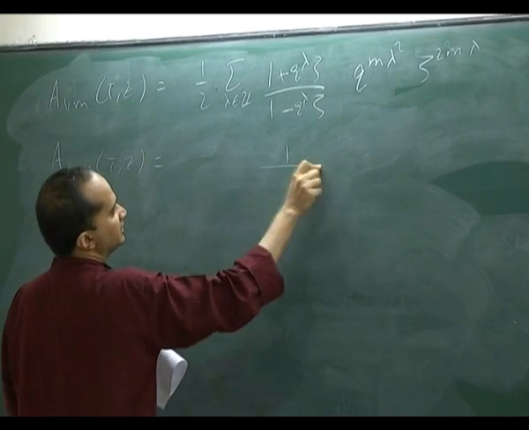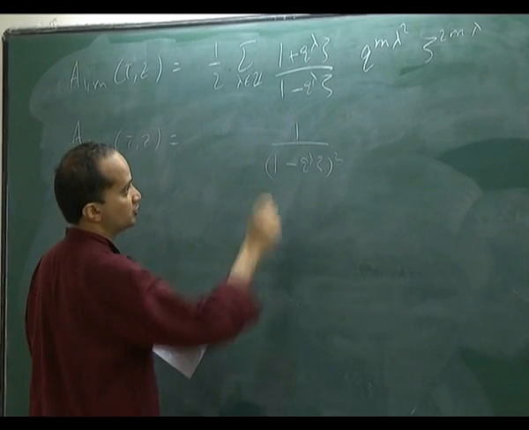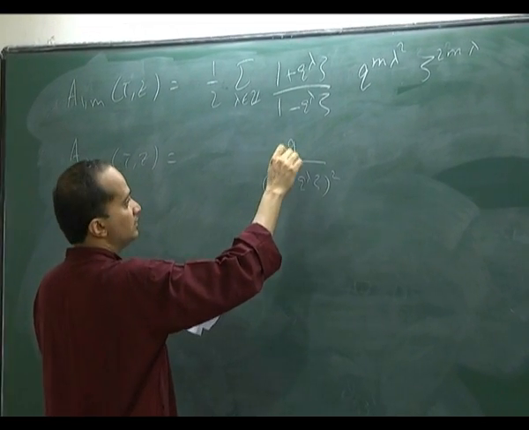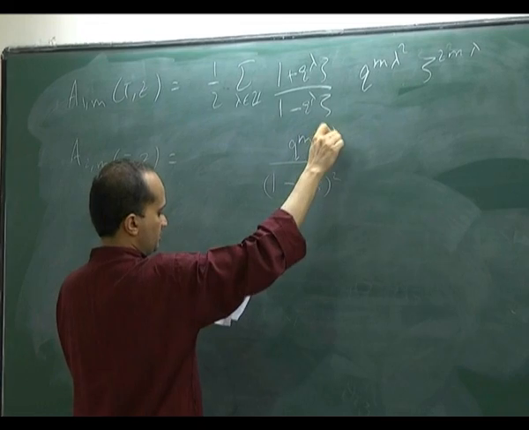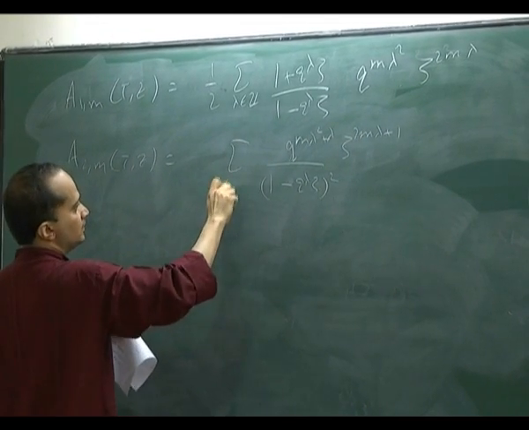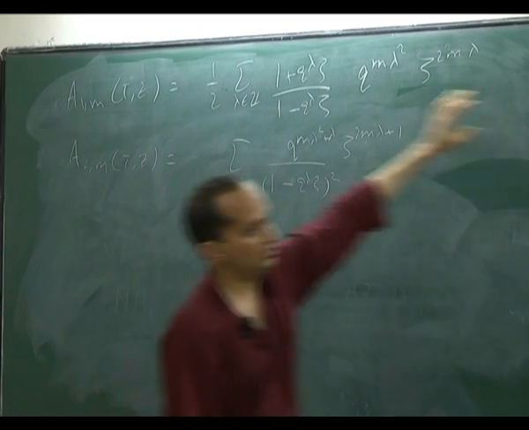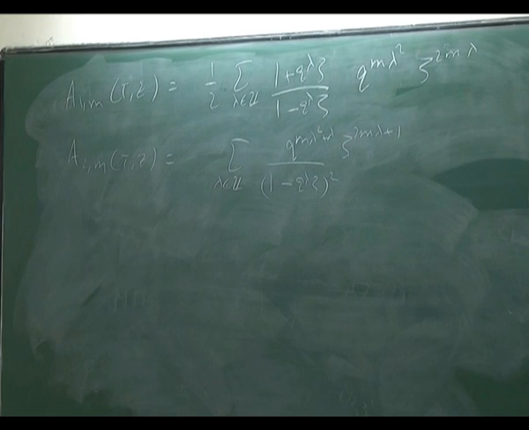The double pole case is given by 1 over (1 minus zeta) whole square, which is the sum of q to the m lambda squared plus lambda, zeta to the 2m lambda plus 1. So these functions are averages of this basic function which produces the wall crossing.